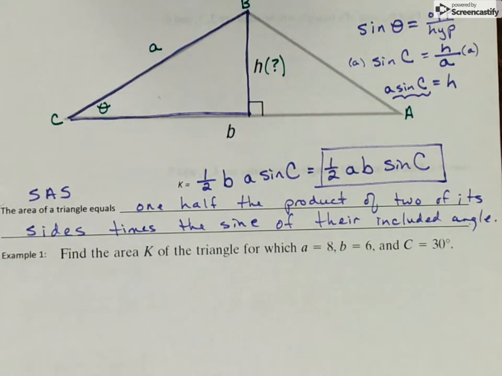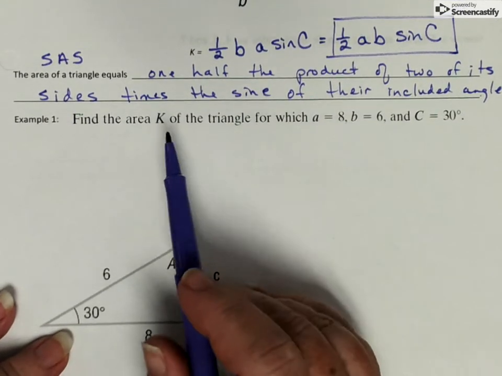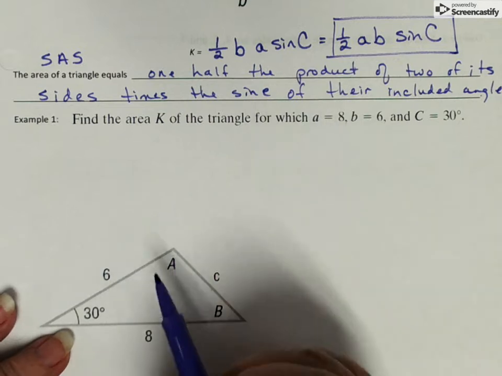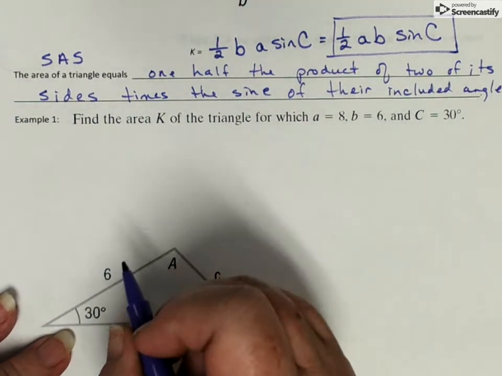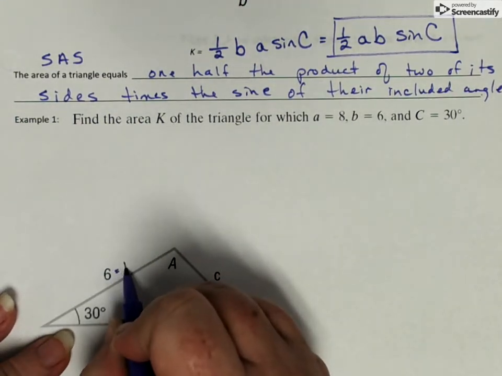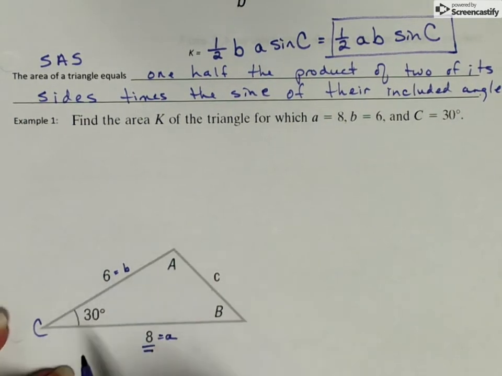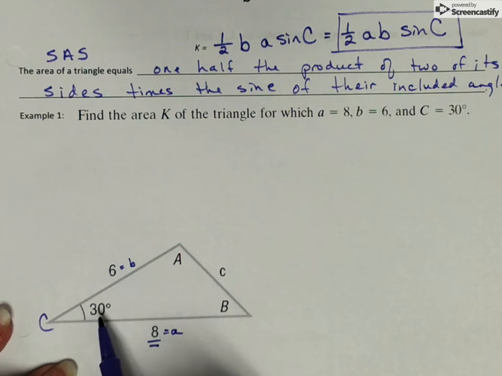Let's say that I have a triangle down here, and I want to find the area of this triangle. Now, I know that side A is 8. That's this right here. This is equal to lowercase a. Side B, right here, is 6. And angle C is 30 degrees. So when you look at my picture, I have two sides and an included angle.